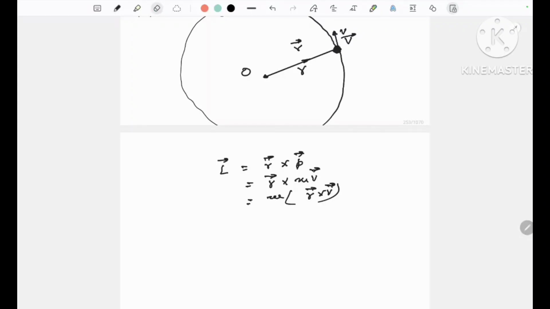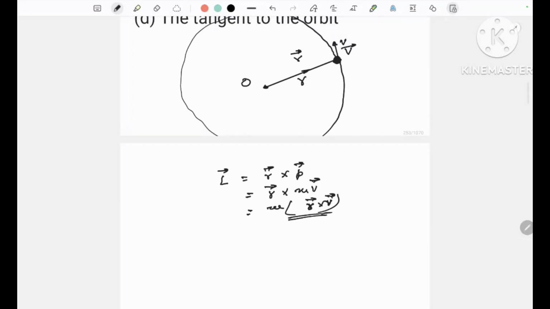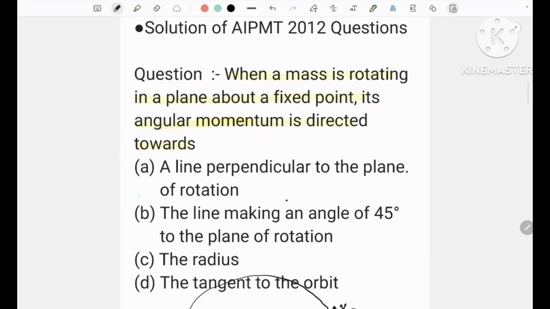The direction of L will be perpendicular to the plane comprising r and v. Hence, the direction of L will be a line perpendicular to the plane of rotation. A is the correct option.